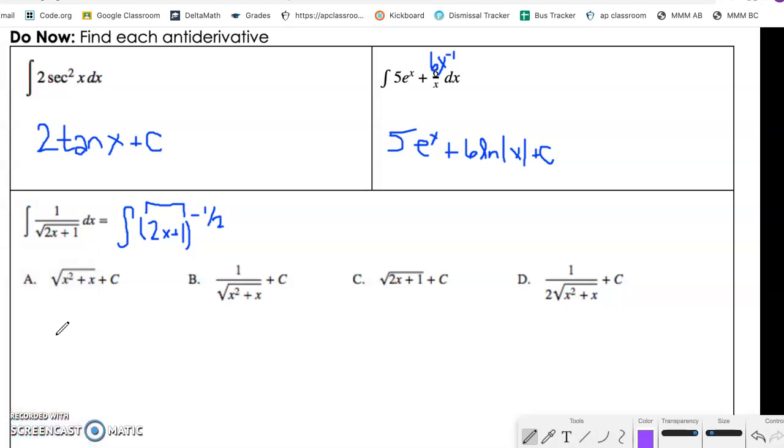So my u is this guy. So u equals 2x plus 1. So my derivative of u, du, is just going to be 2 dx.